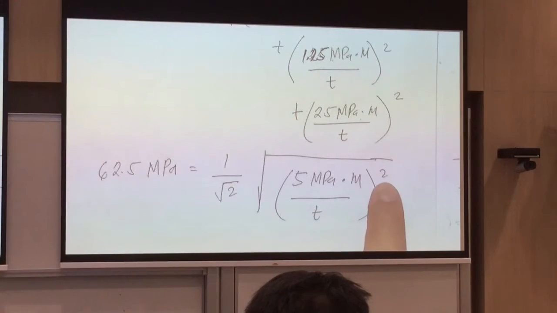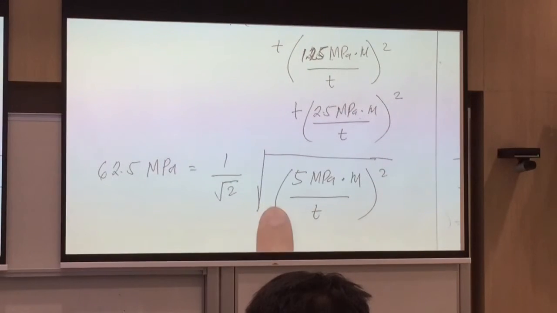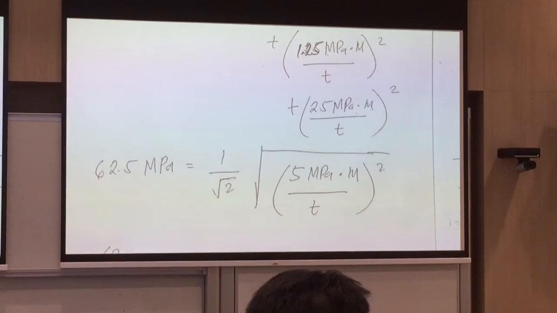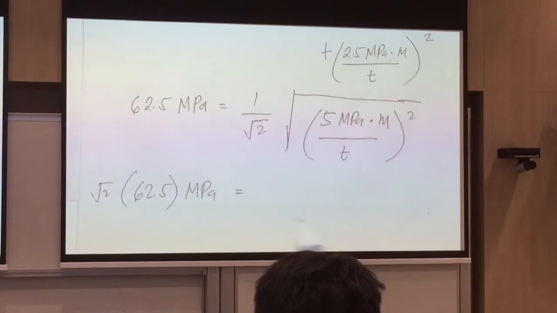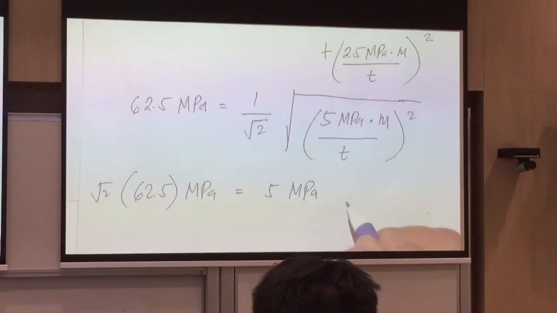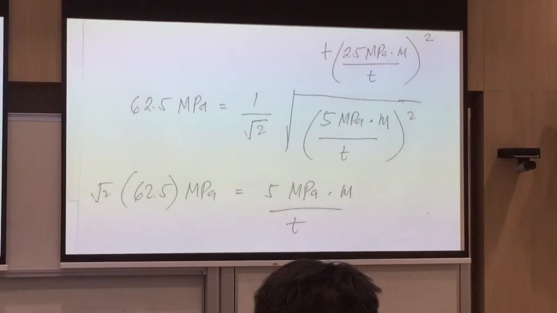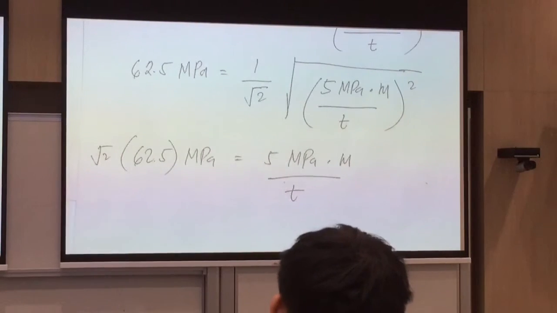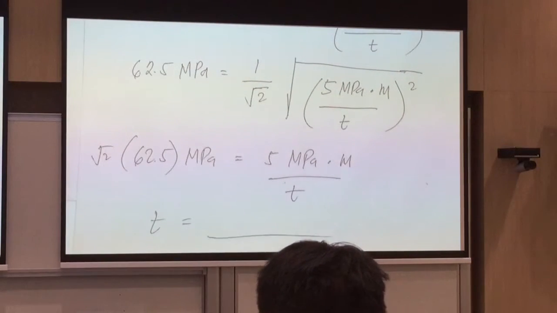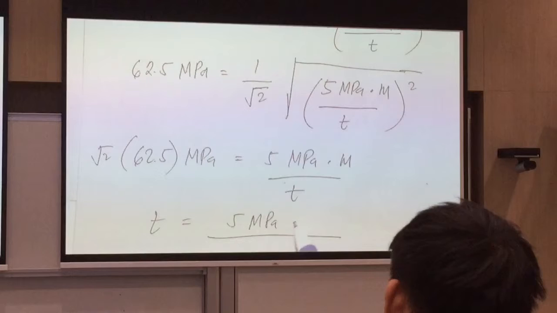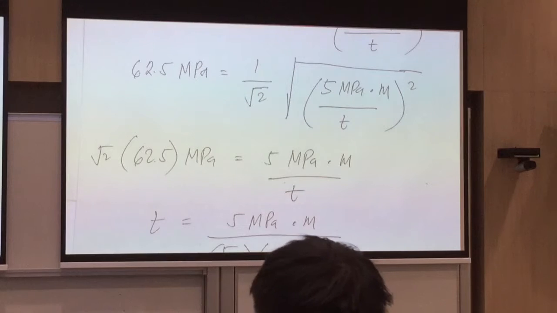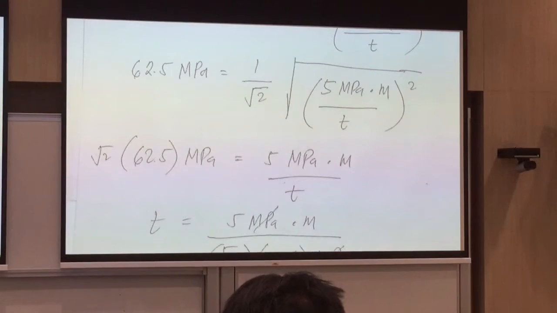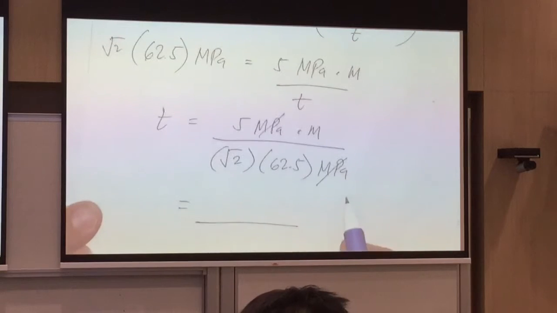So anyway, that's square root, so it will be the same. I'll multiply this one with square root of 2. And then I have this one to be 5 megapascal meter thickness. And then I bring there my thickness. That will now be 5 megapascal meter square root of 2 over 62.5 megapascal. Cancel out megapascal. I have now my thickness.